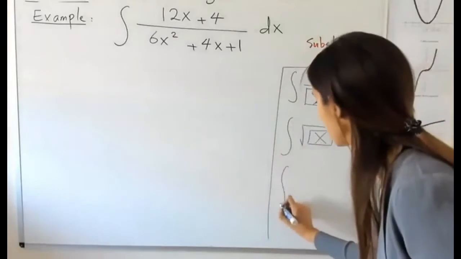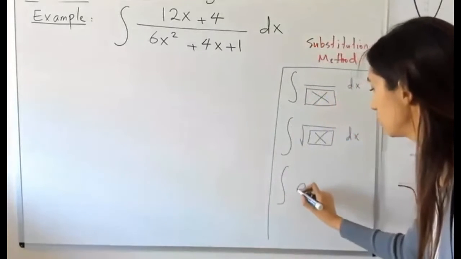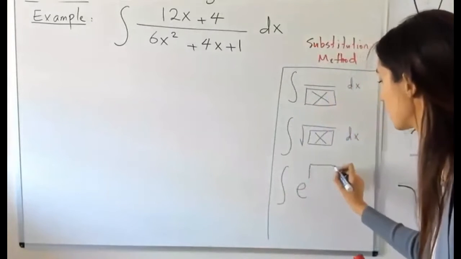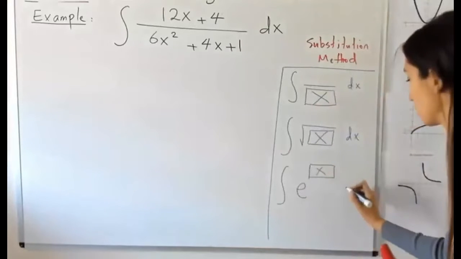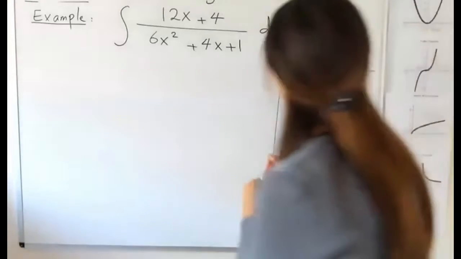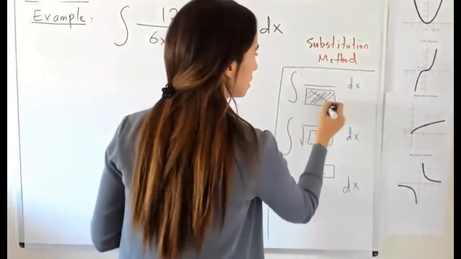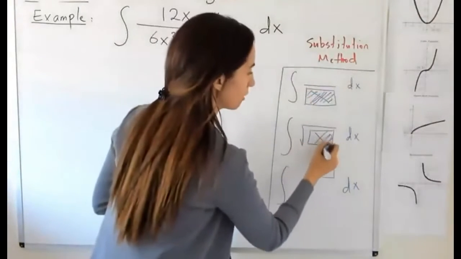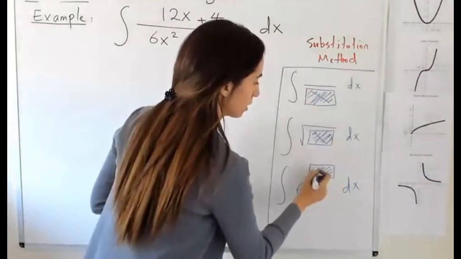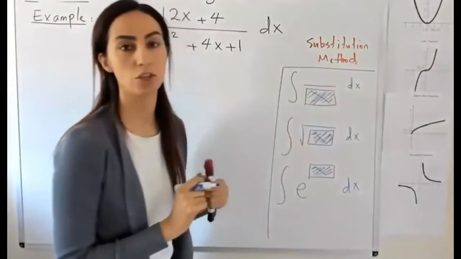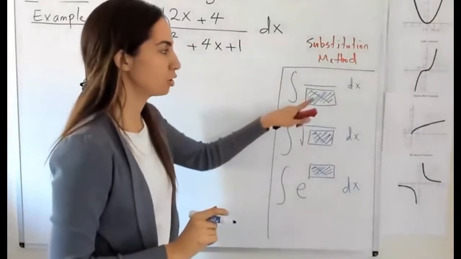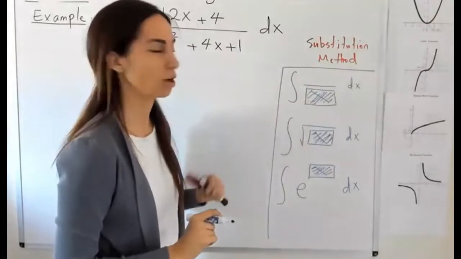If you have the integral of e raised to an exponent, then your target is your exponent. So this is the thing that you have to look for. You have something on the numerator, something on the denominator. So your target is your denominator.